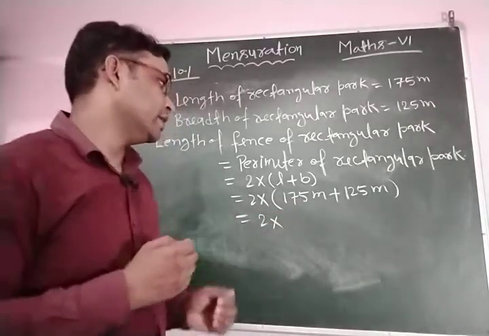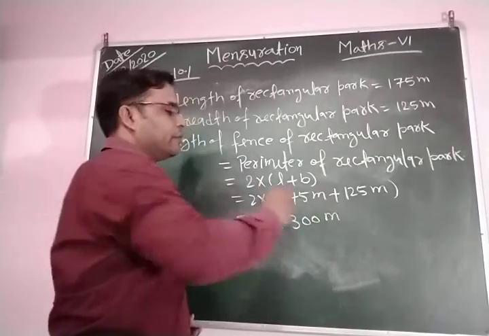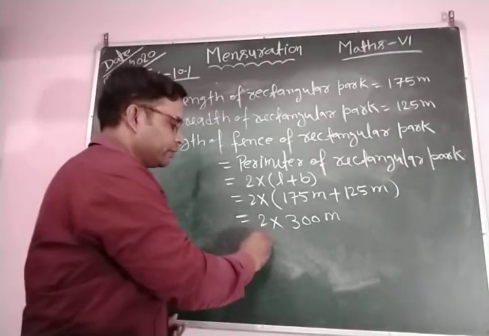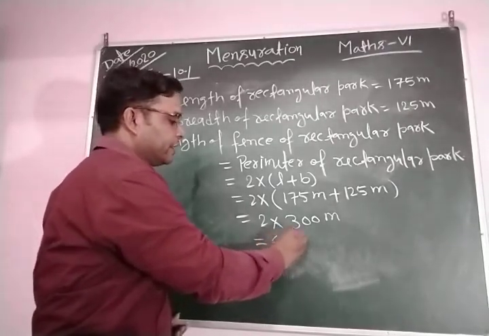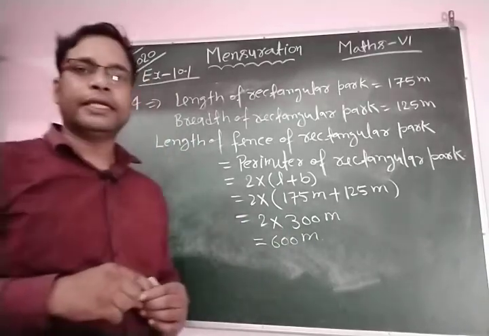This is equal to 300 meters. 300 meters, and 2 into 300 is equal to 600 meters. Okay.